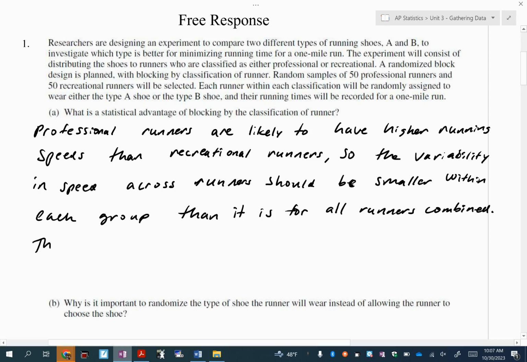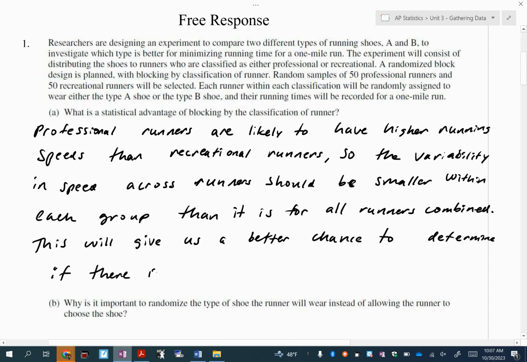So this will give us a better chance to determine if there is a difference in shoe type.